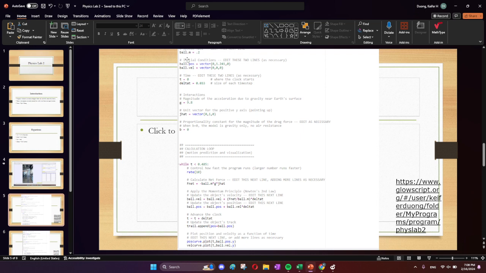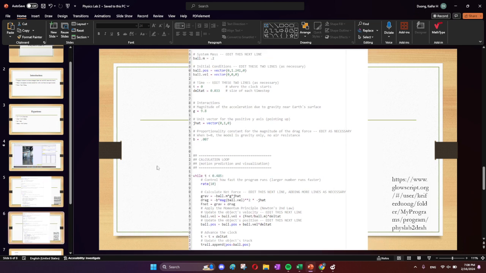I updated the ball.pos to update the starting position of the object, and then I updated the object's velocity formula, which is ball.vel equal to ball.vel plus F net divided by ball.m times delta t, which is just the Vf is equal to Vi plus F net divided by m times t.